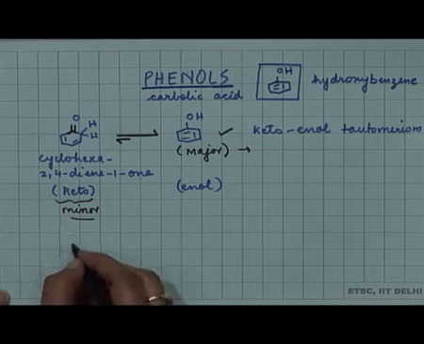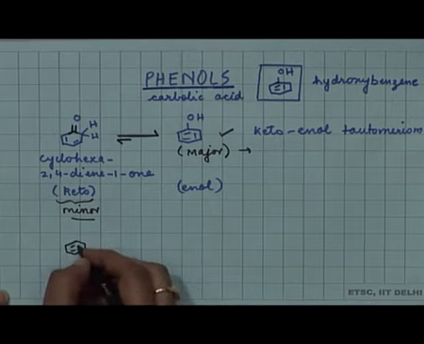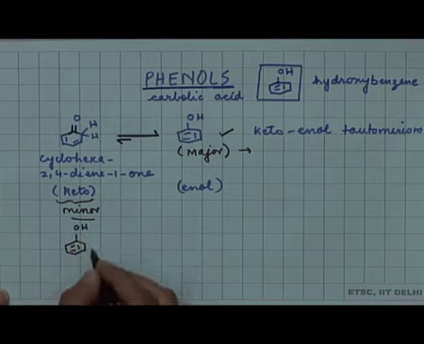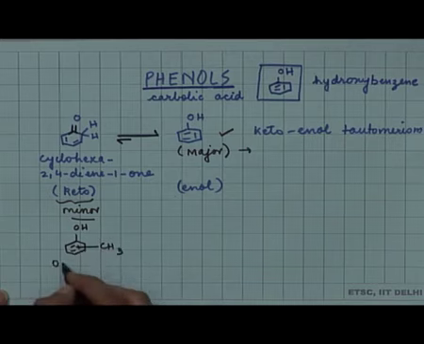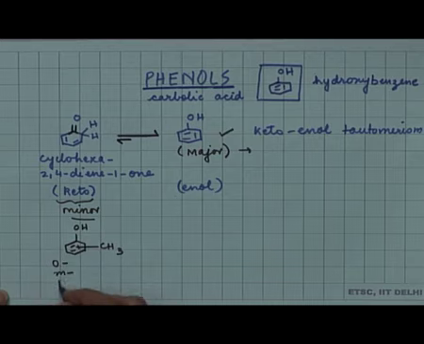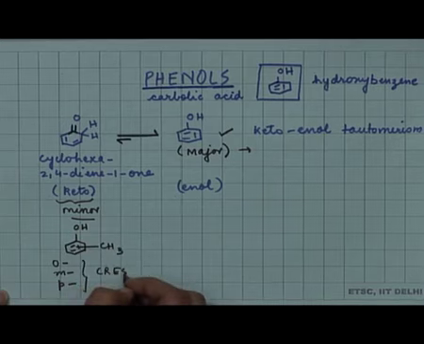Okay, let us look at some examples of phenolic compounds. If you have a simple phenol substituted with a methyl group at the ortho, meta or para position, which I can represent like this, it becomes an ortho-methyl, a meta-methyl or a para-methyl phenol, and these methylated phenols are called cresols.